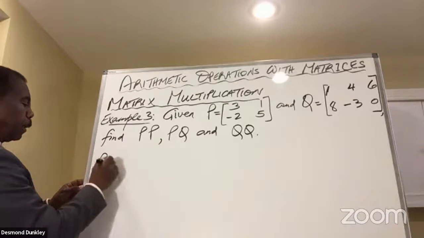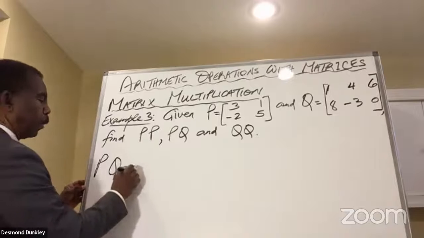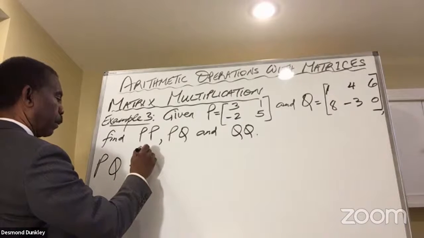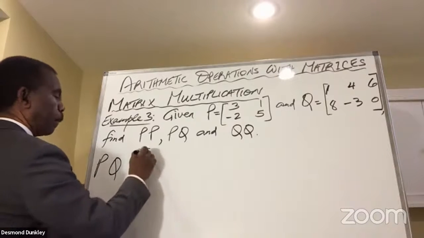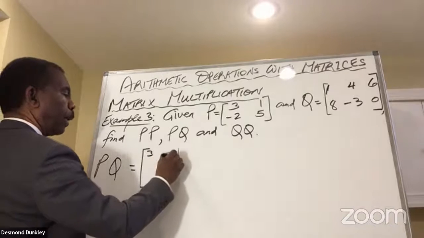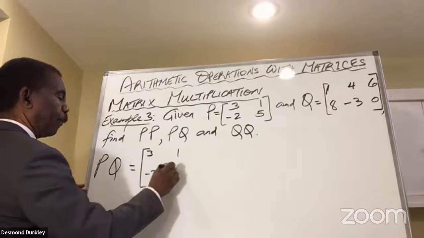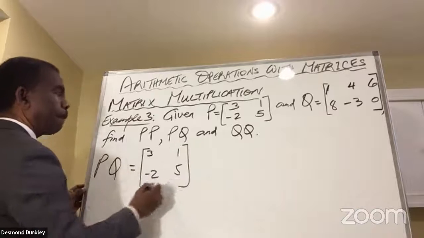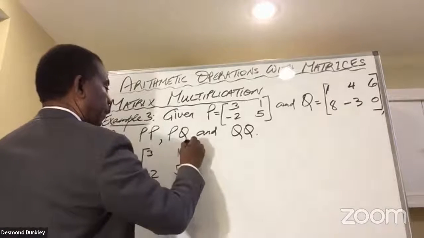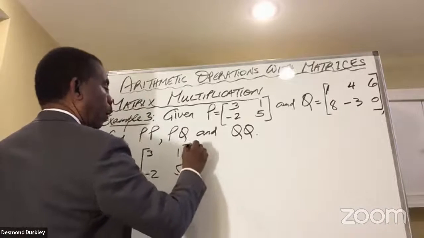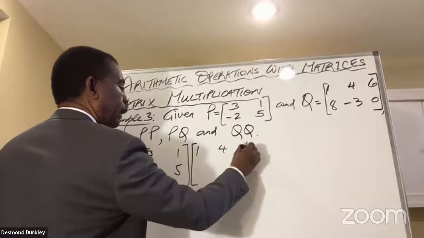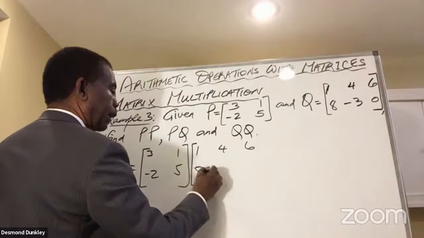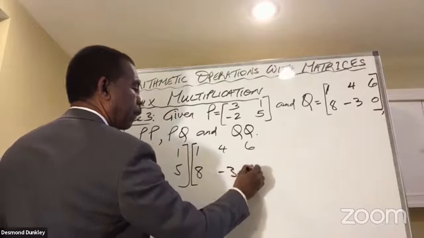Product P times Q will be equal to 3, 1, negative 2, 5 times 1, 4, 6, 8, negative 3, 0.